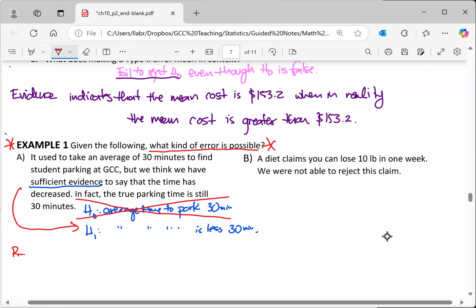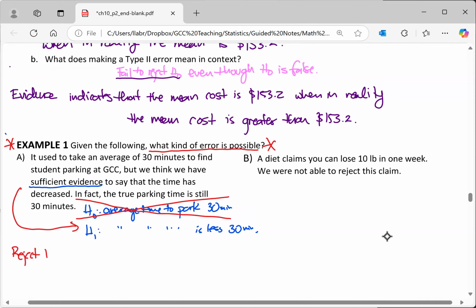So if you reject the null, when do you get a wrong conclusion? Well, that happens when you should not have rejected the null, which essentially means that you make an error by landing in the tail. So that's a type 1 error.